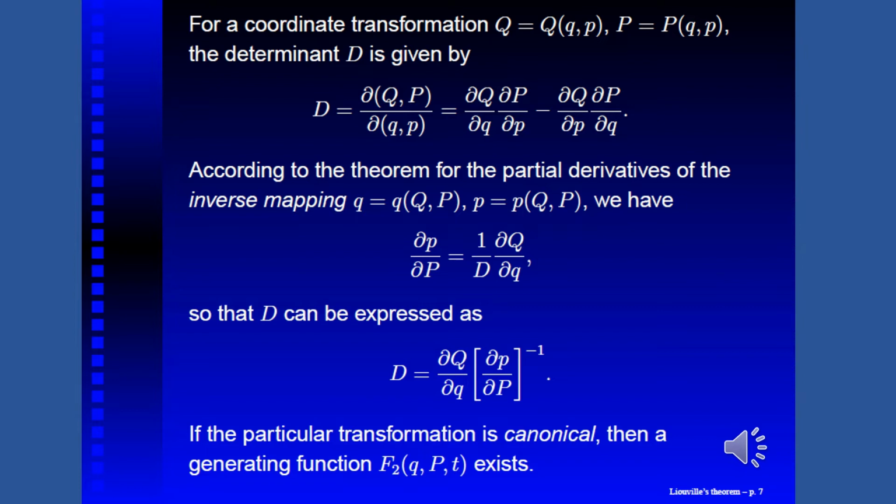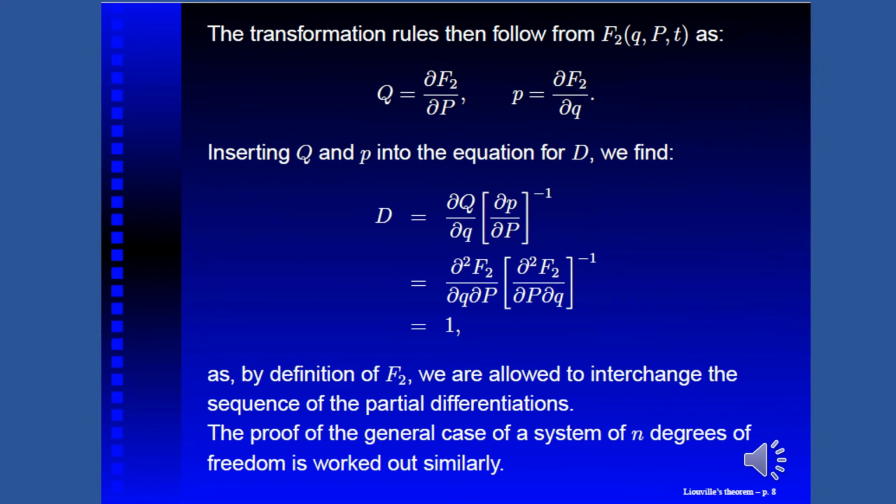If the particular transformation is canonical, then a generating function F2 of (q, P, t) exists. The transformation rules then follow from F2 as capital Q is equal to partial F2 over partial capital P and small p is equal to partial F2 over partial small q.